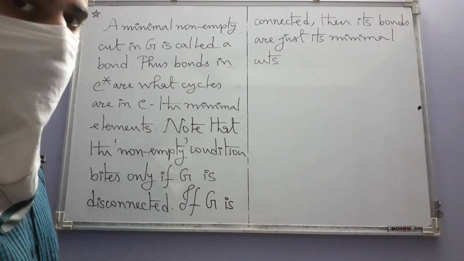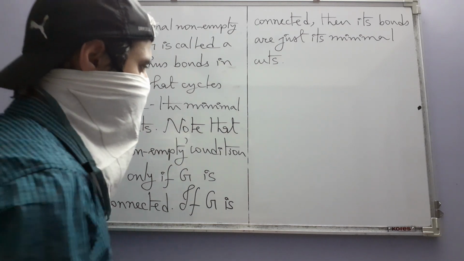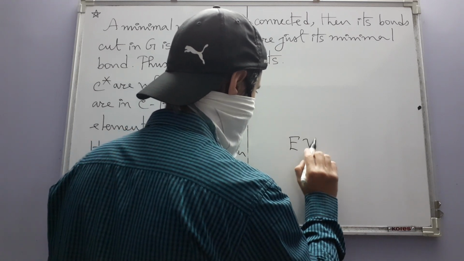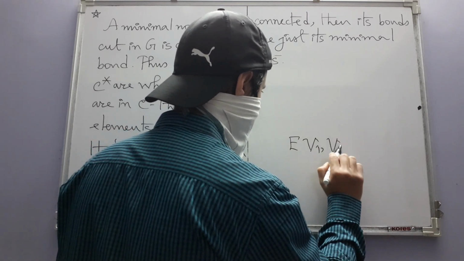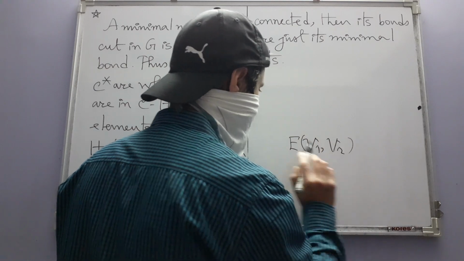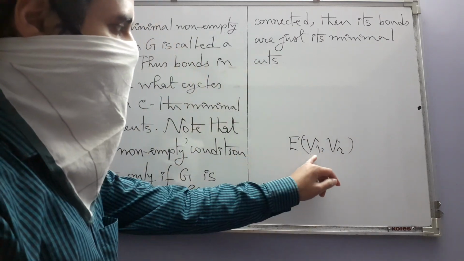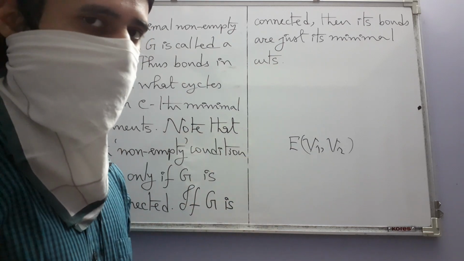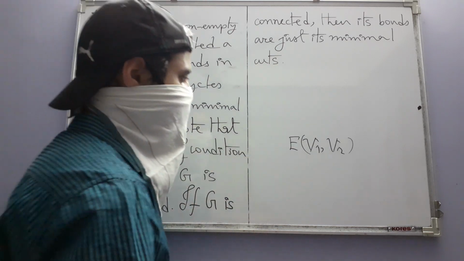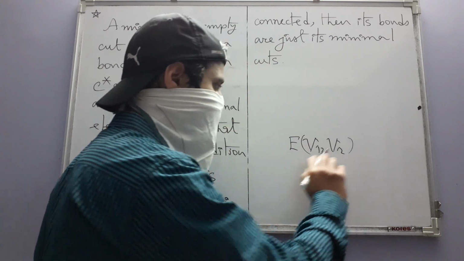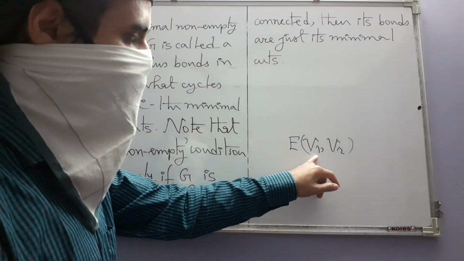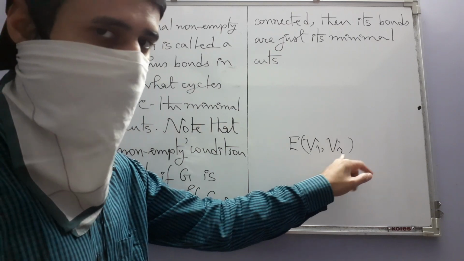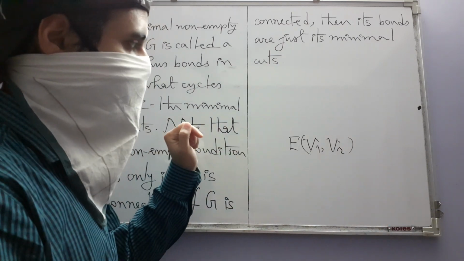Do you see why? That is because any such cut you choose between two partition sets of vertices V1 and V2 will not be empty, because if it is empty, then that means the graph has to be disconnected. There will be no edge joining any vertex of V1 to some vertex of V2.